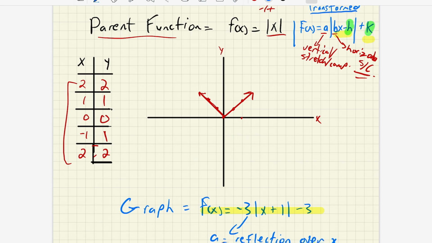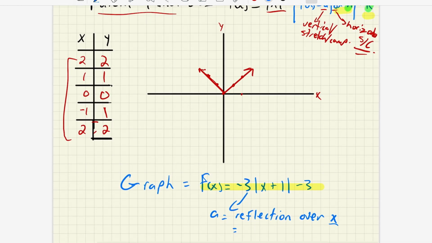So we should see this function be flipped like this. And it's greater than 1, so that also means that there's a vertical stretch. So it should look a little taller, or longer.